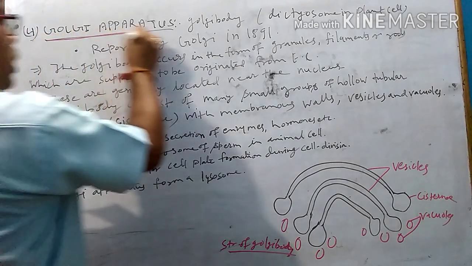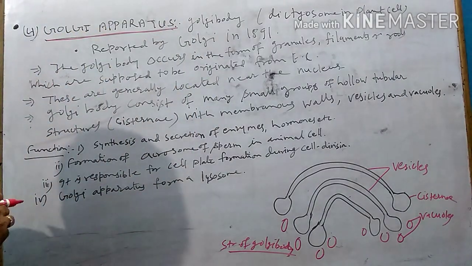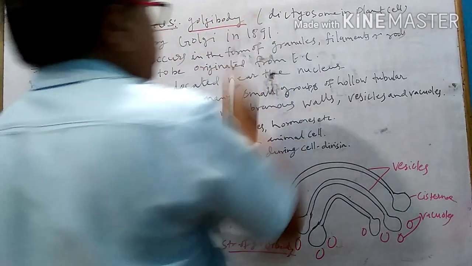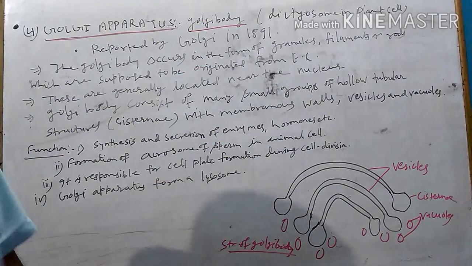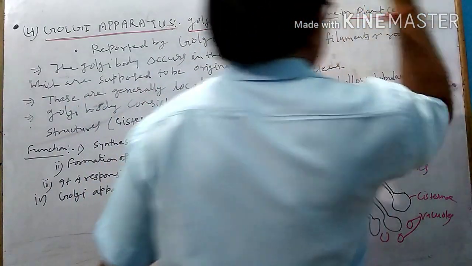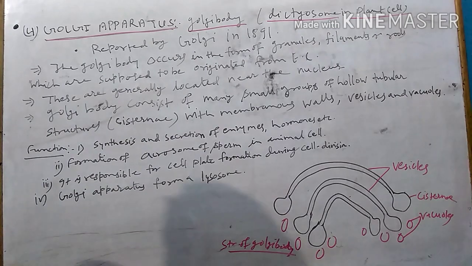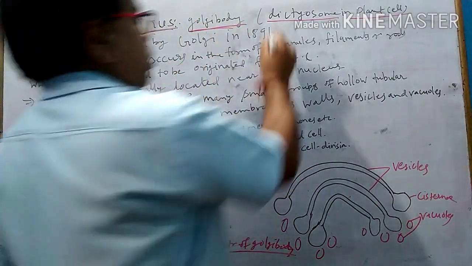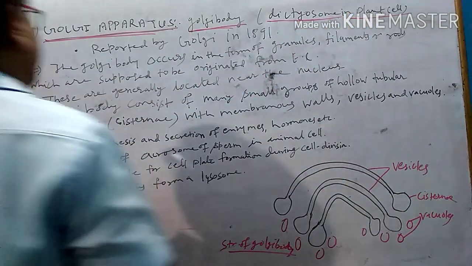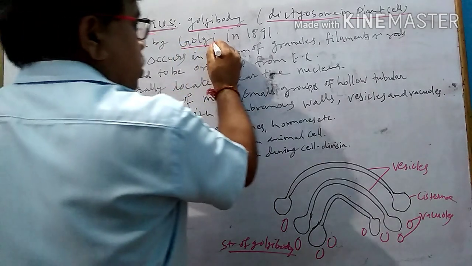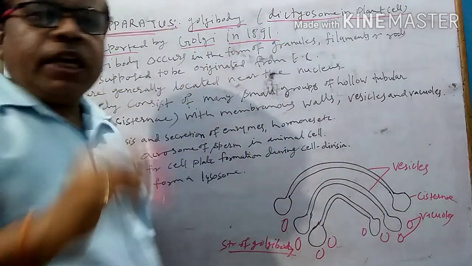Fourth cell organelle, Golgi apparatus. Golgi apparatus is also called Golgi body, and dictyosomes in plant cells. In the plant cell, the Golgi apparatus or Golgi body is also called dictyosome. This Golgi body was reported by Golgi in 1891.